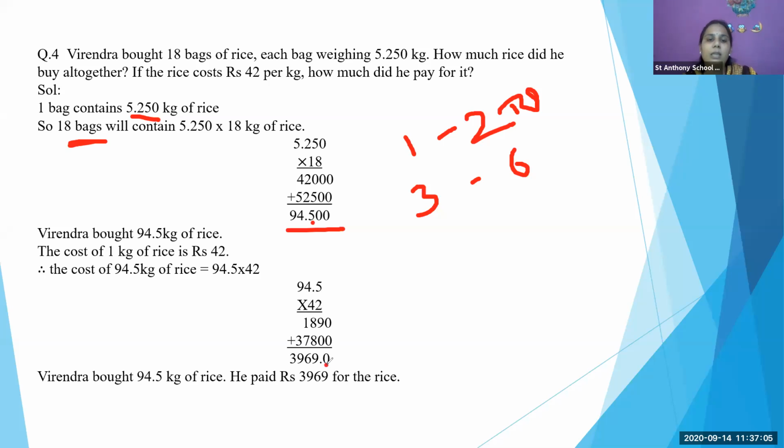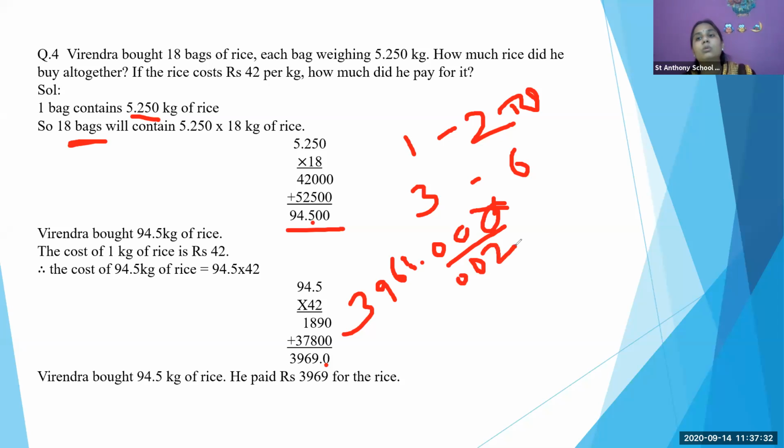3969, okay. However many zeros come after 0.000, they have no value. But there is value if a number comes after the zero. If it were 3961.01, it would have value, and if it were 3961.002, it would have value. But after the decimal point, if all the zeros are there, they should not have any value. So the answer is 3969 is the price.